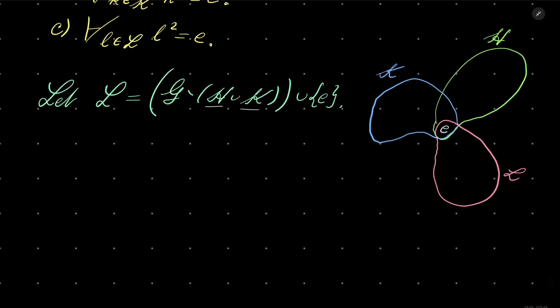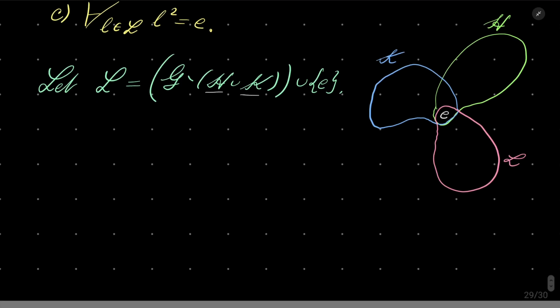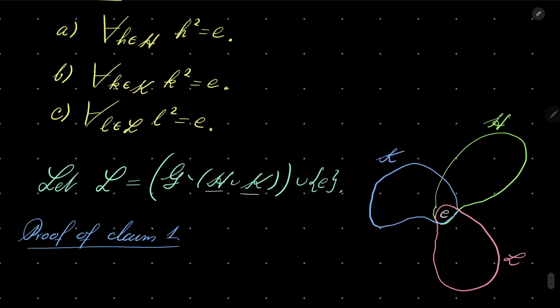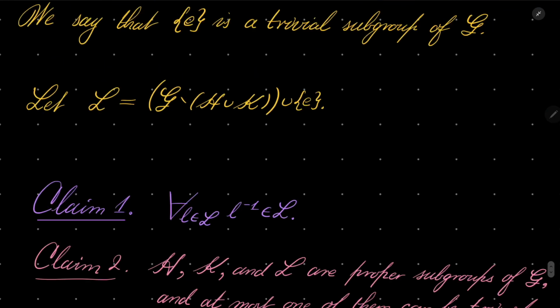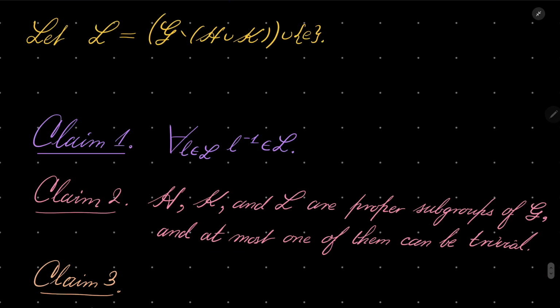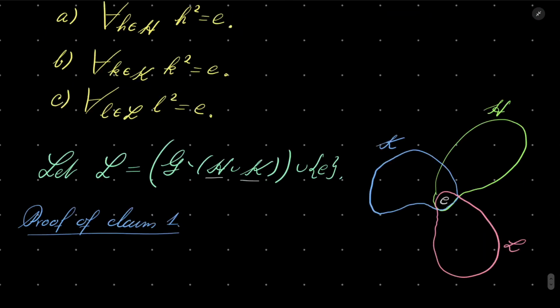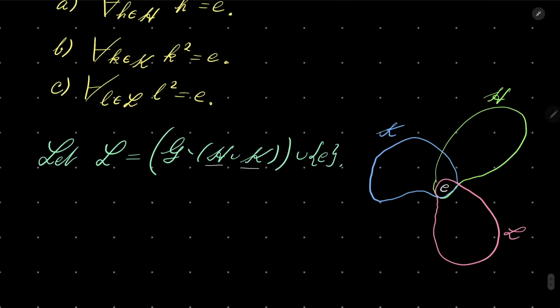Okay, first claim, proof of claim 1. I wish to prove that if l is in L, l inverse is in L as well. Maybe let's match the colors. Let's write it in violet. So proof of claim 1.